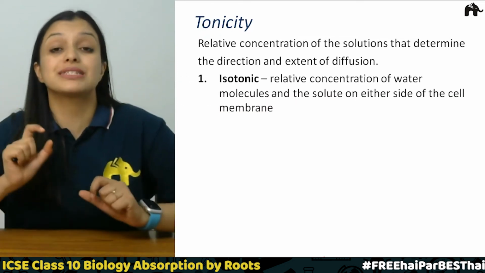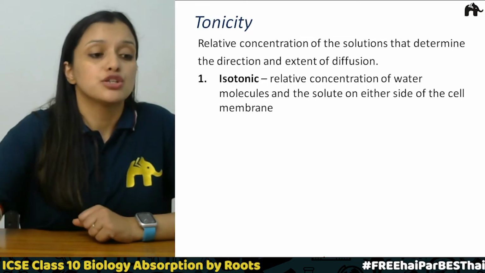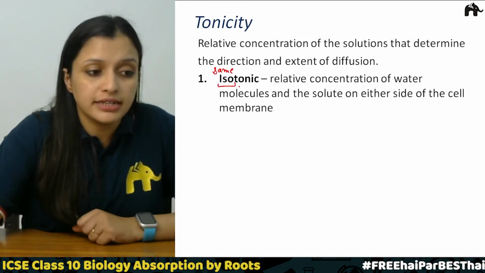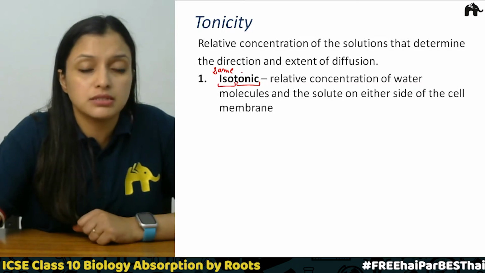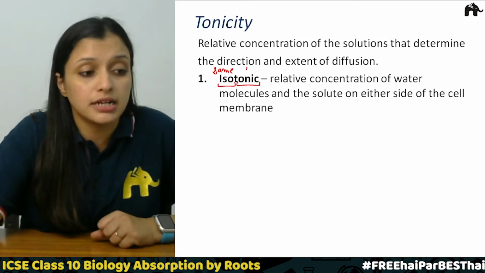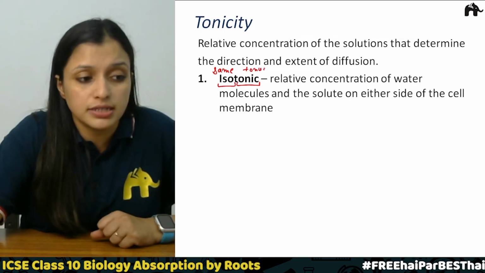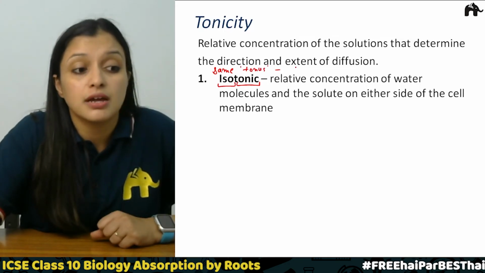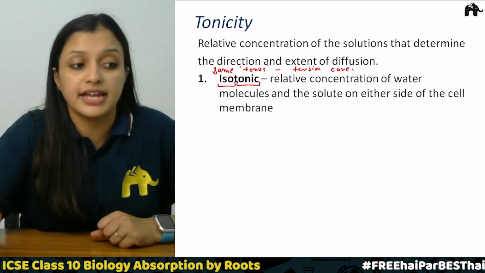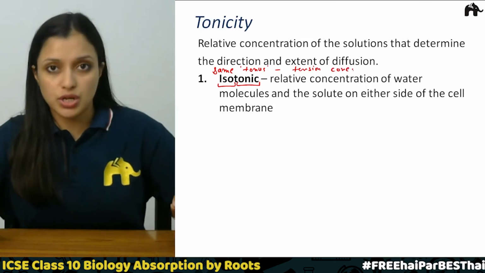So basically this tonicity has three important terms. The first one is isotonic. The word iso means same, and tonic has been taken from the word tonus, which means tension, concentration. So the same concentration.